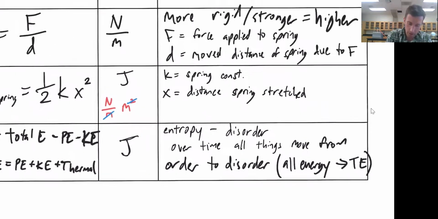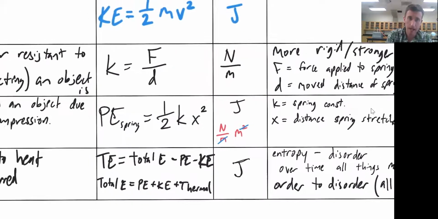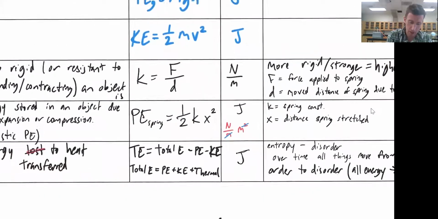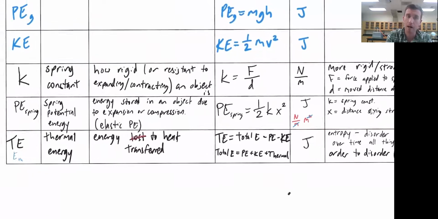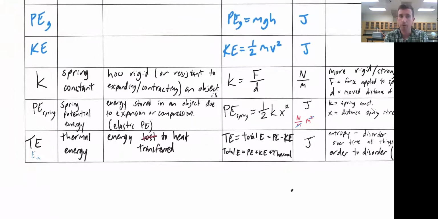Okay, so those are our three new concepts. Spring potential energy based off of a spring constant, and thermal energy. And then we've also talked about potential due to gravity and kinetic energy. Wonderful. Glad you've got those added. Now we can start working with those types of energy as we create some vehicles.